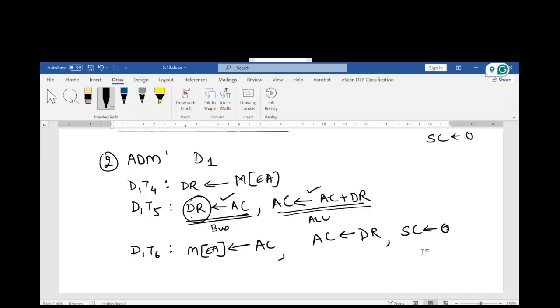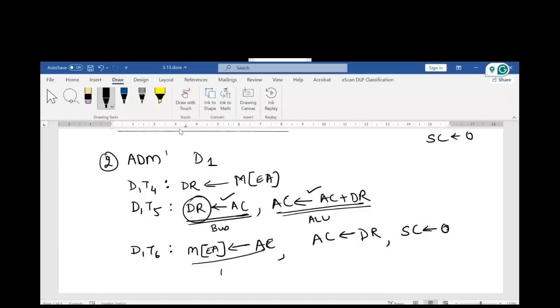Did you understand what we did? First of all, we brought the operand M of EA to DR. Then to preserve the value of AC, we shifted the value of AC to DR, and then we performed the operation AC plus DR. After completion, we stored the updated value of AC to M of EA, and simultaneously we shifted the value of DR to AC.